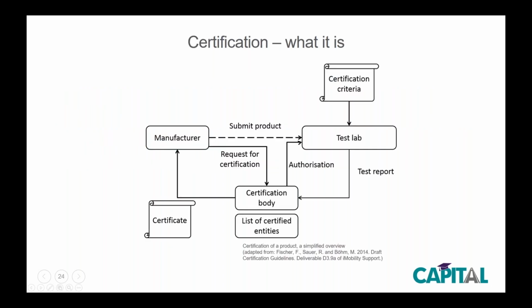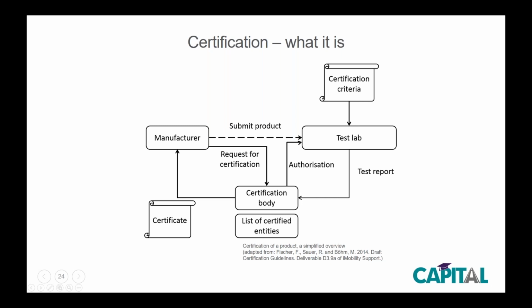Then to certification. On the one hand, certification is a written guarantee. On the other hand, it's a formal demonstration. And third, it's a process of confirming that the system complies with specified requirements and is acceptable for use. On this slide, you can see an example of a product certification process. First, the manufacturer sends a request for certification to a certification body.